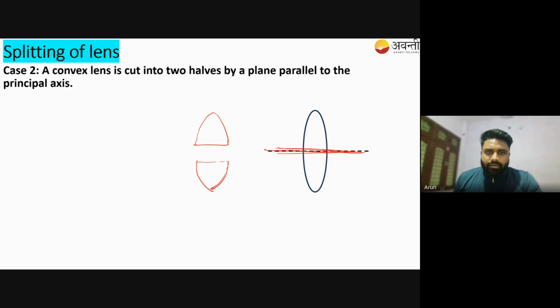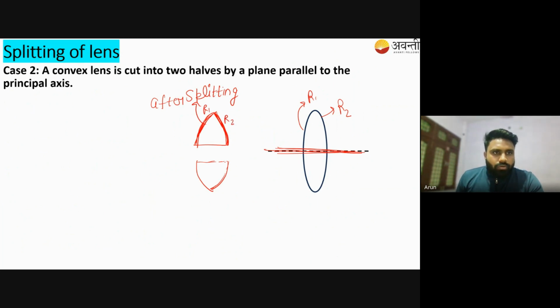It would not cause any change in focus or power, because the most important factor is the radius of curvature, and that is not going to change. Before splitting it is r1 and r2, and after splitting r1 and r2 remain the same.